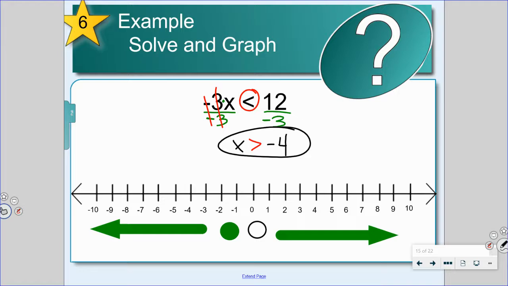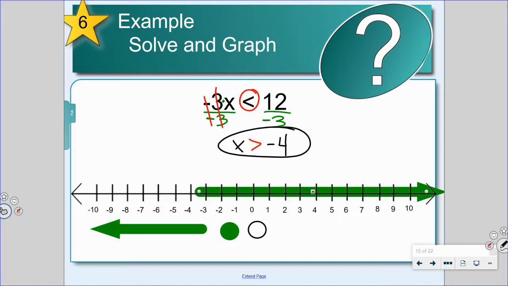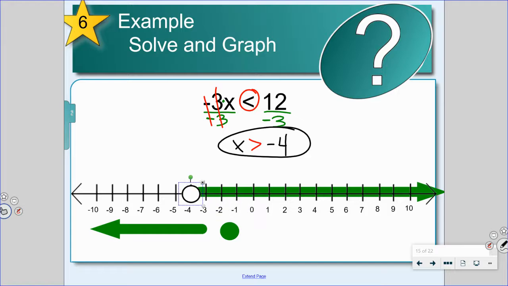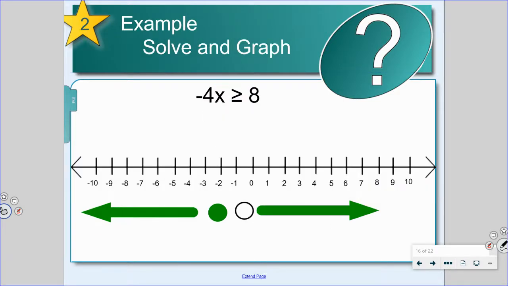So this says that any number will work as long as the number is greater than negative 4, and it cannot be precisely negative 4. It could be negative 3.999 and it'll work, but not negative 4.